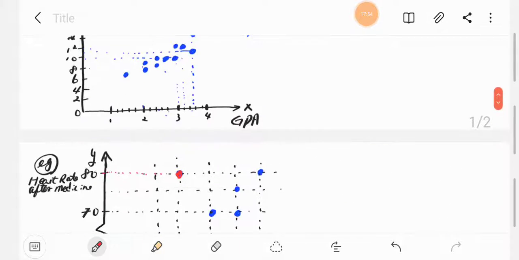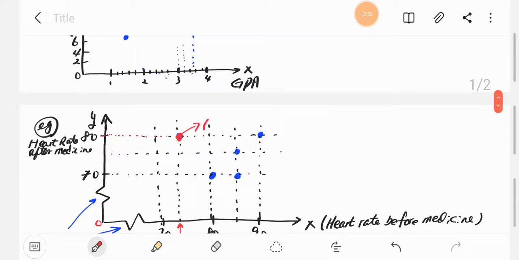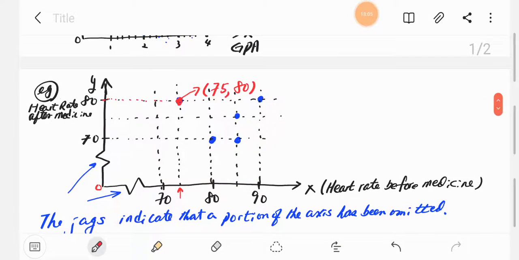So the horizontal distance is 75, and the vertical distance is 80. So the heart rate after taking the medicine is 80 beats per minute. Okay, so this is all about this section.